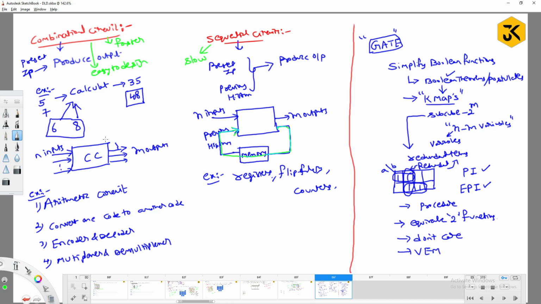But sequential circuits are somewhat complex to design. So this is the difference between combinational circuits and sequential circuits.